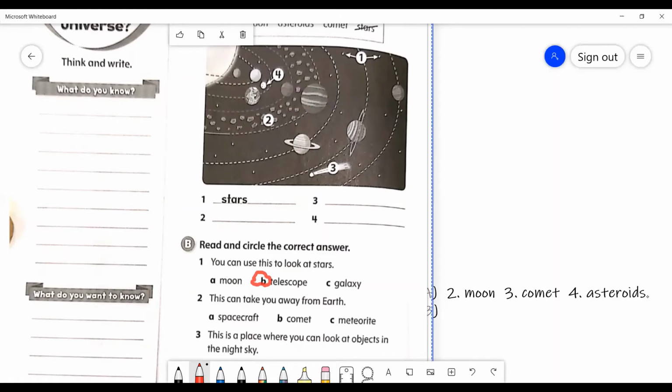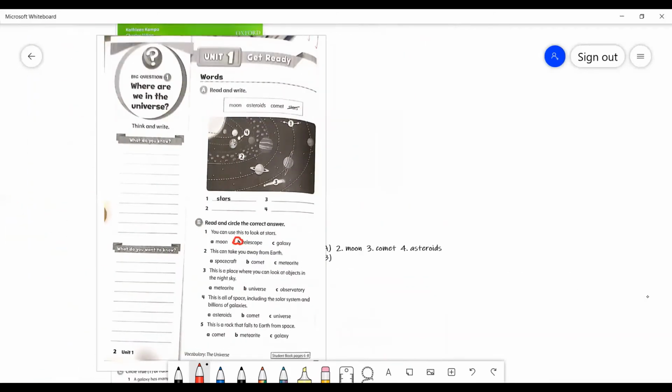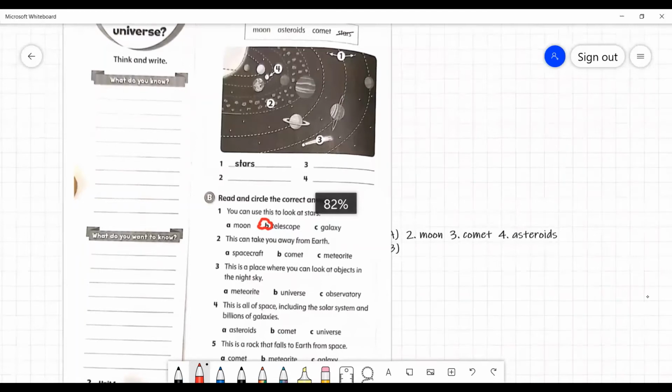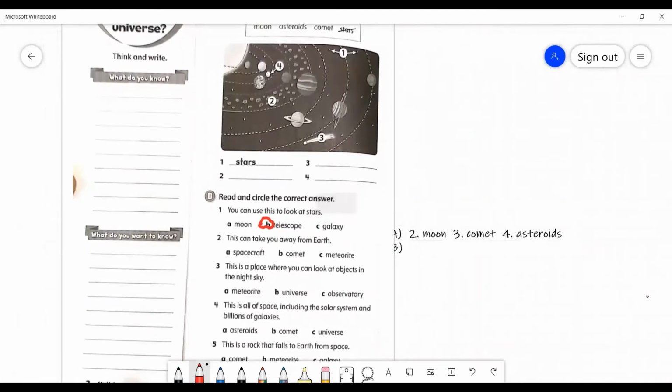So number 2, our answer is A, spacecraft. Number 3: This is a place where you can look at objects in the night sky.